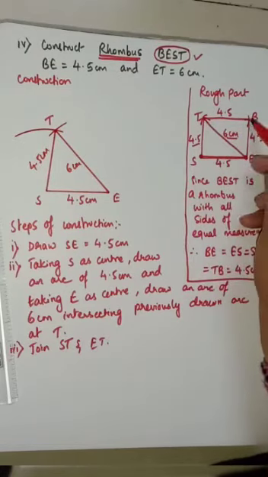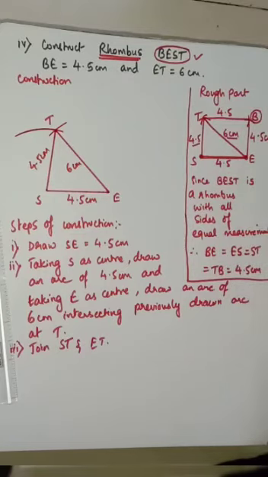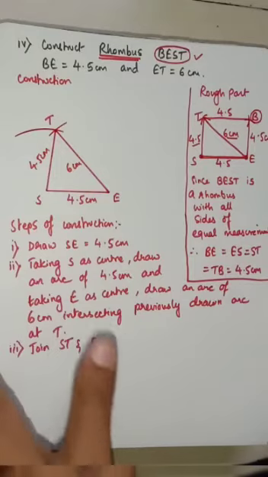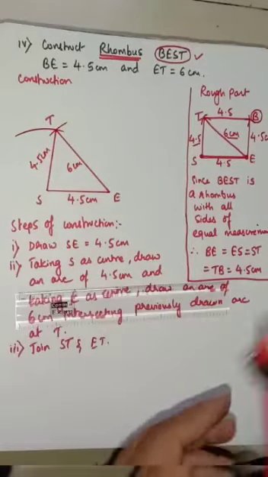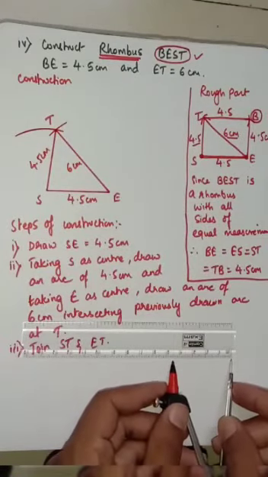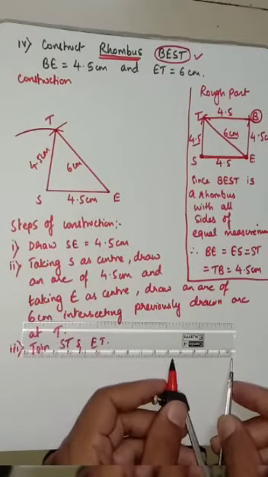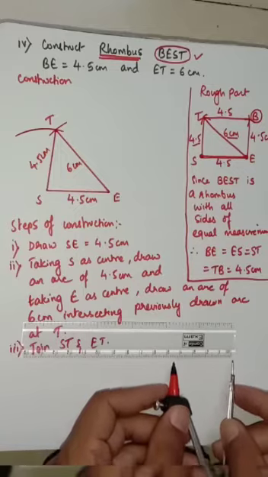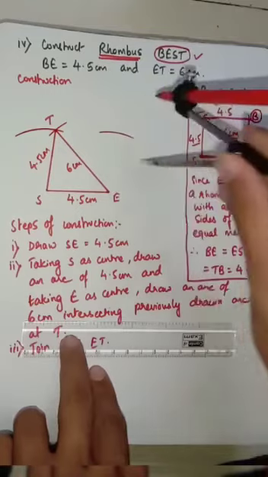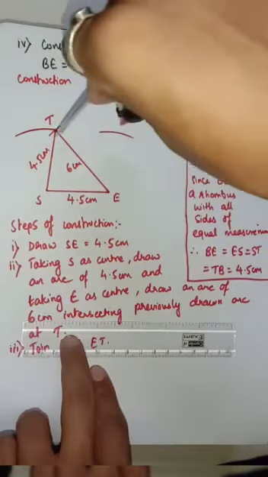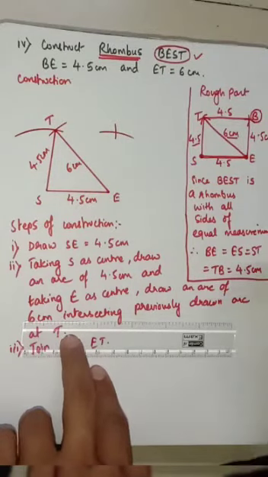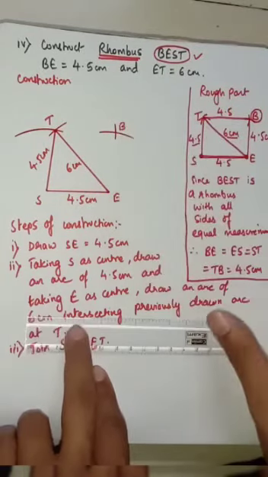The point of intersection will be B. So from E also 4.5, and from T also 4.5 centimeter, and the point of intersection of these two arcs is named B.